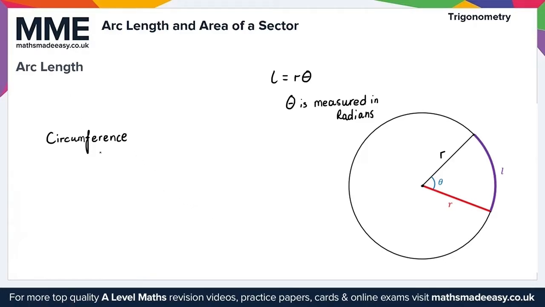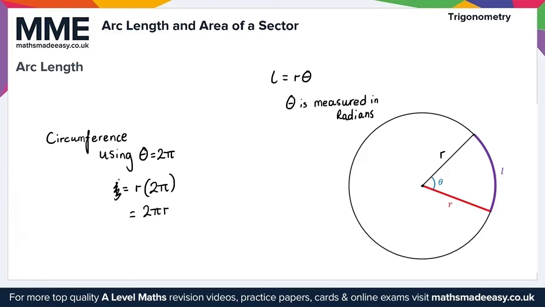So using theta equals 2 pi, the arc length L is given by r theta, which is r times 2 pi, giving us 2 pi r, which we know can be used for the circumference.